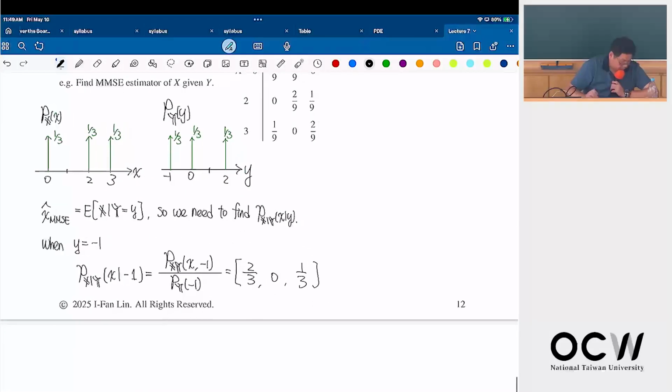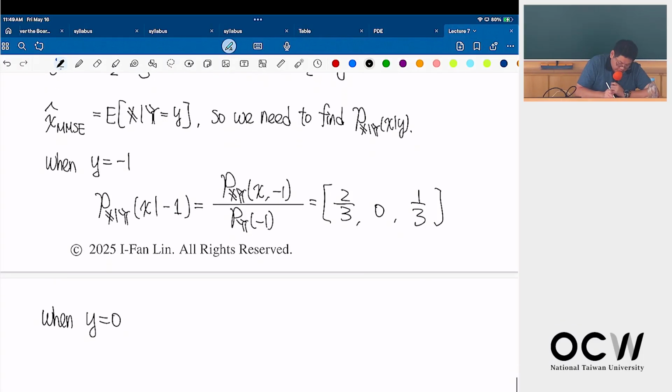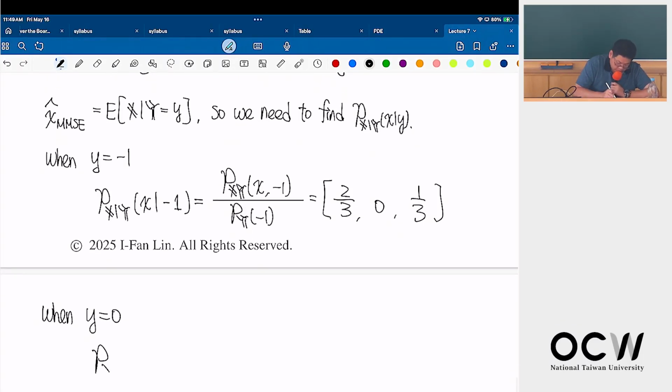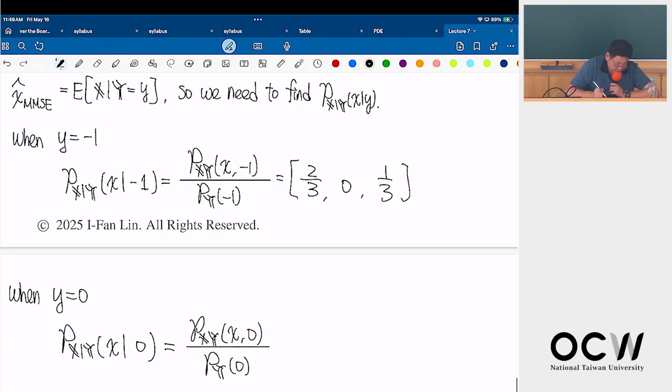When Y equals 0, the conditional PMF of X given 0 will be the joint PMF of X and 0 divided by the marginal PMF of Y at 0.